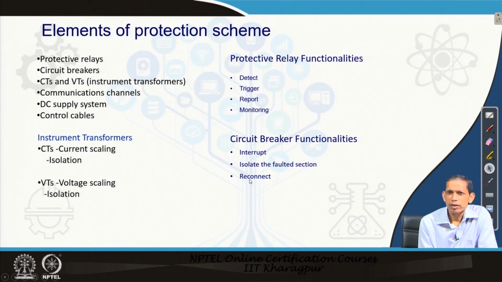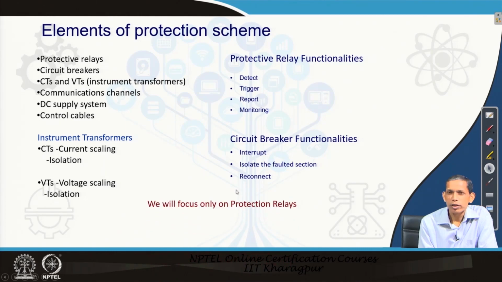The circuit breaker needs to be reconnected to restore that line after the fault is cleared. So, circuit breakers make and break a circuit. There are different types of circuit breakers available, like air break, SF6 or sulfur hexafluoride circuit breaker, vacuum circuit breaker, depending upon the medium of insulation.